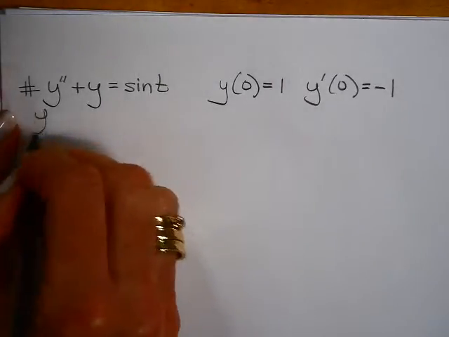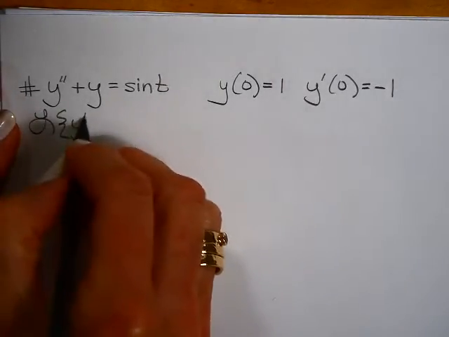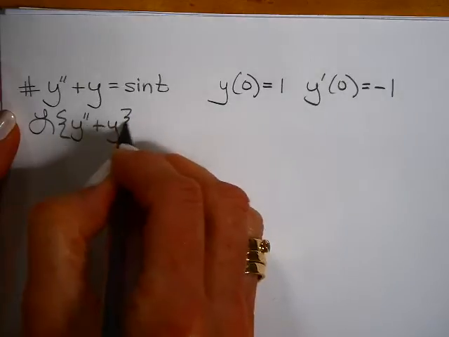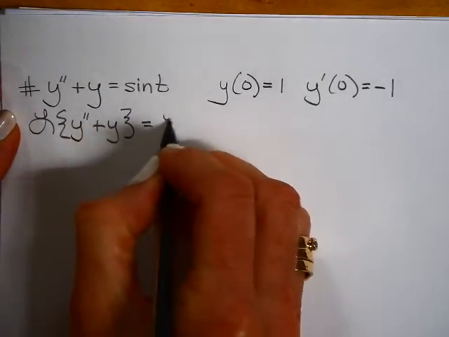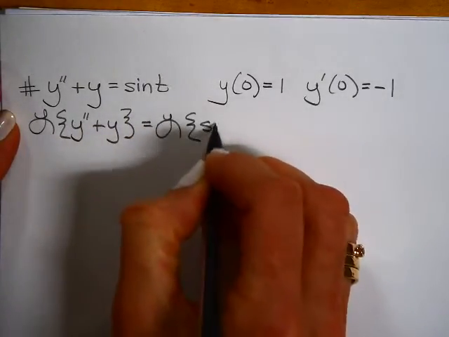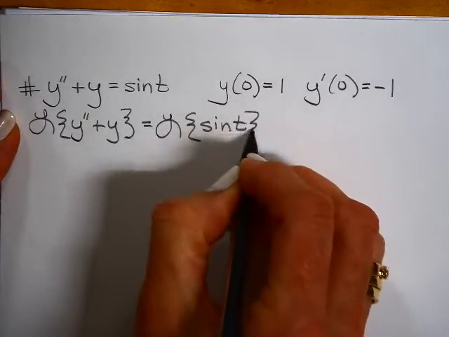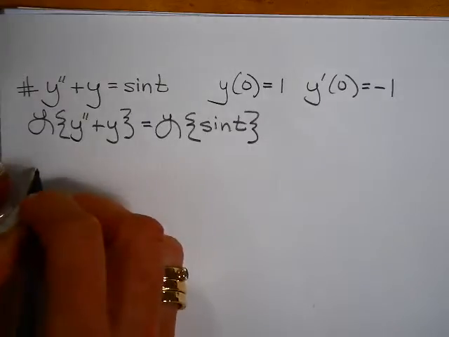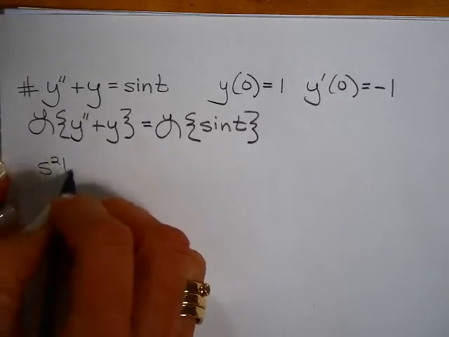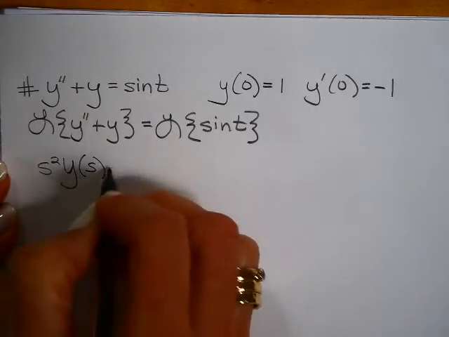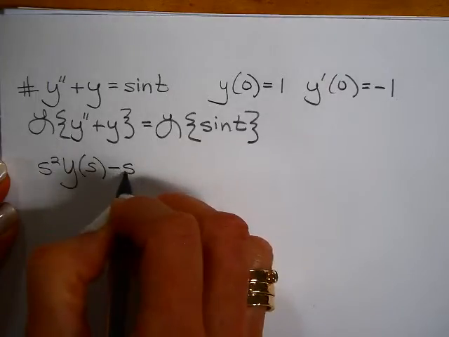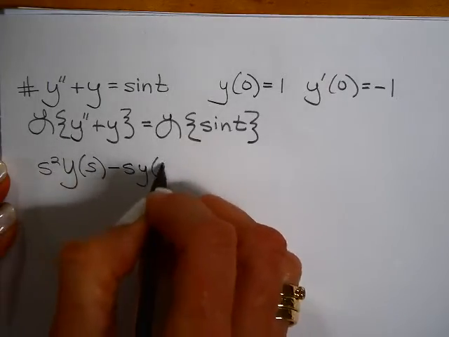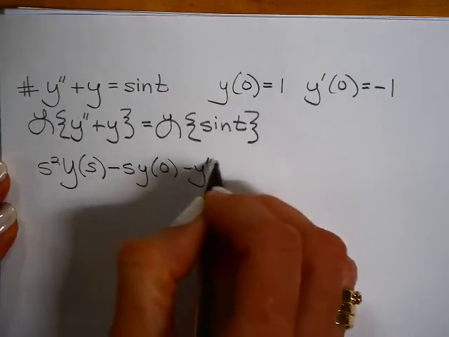So you start off just like before. Nothing looks different about this one so far. So the Laplace transform of this side, and the Laplace transform of the sine of t. This is a double prime, so my formula is s squared Y of s minus s y of 0 and then y prime of 0.